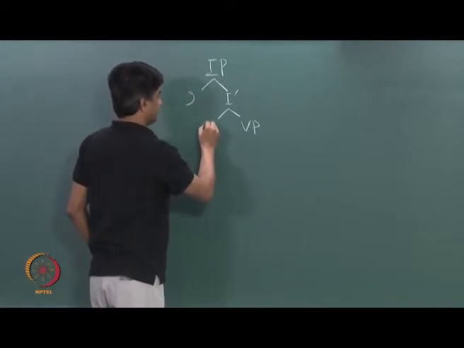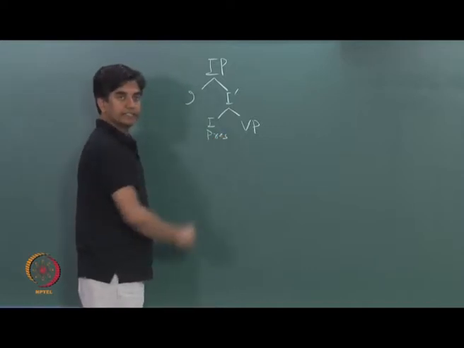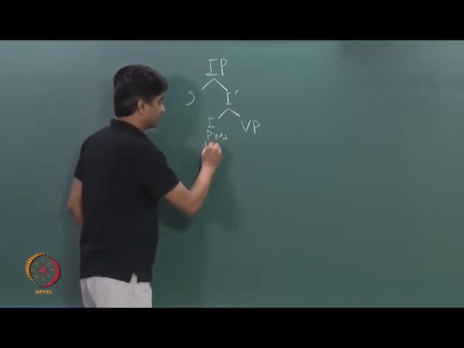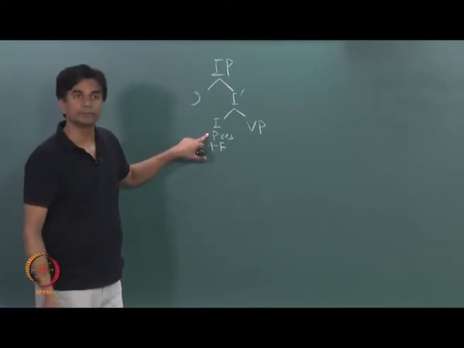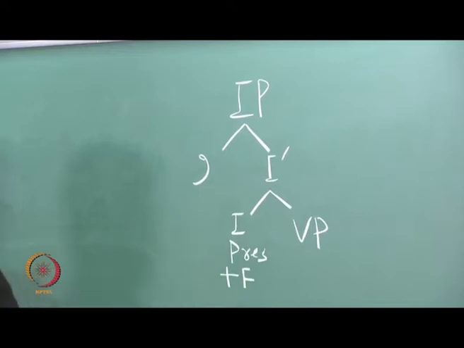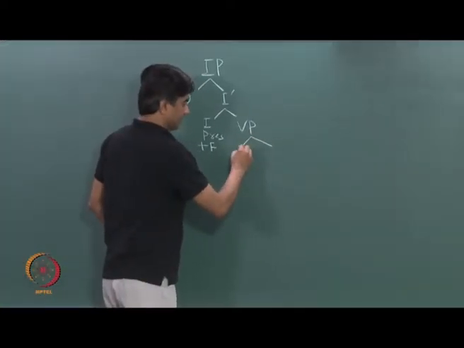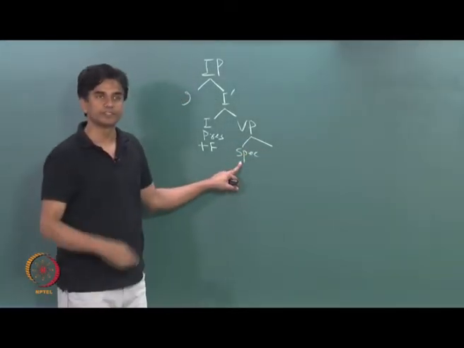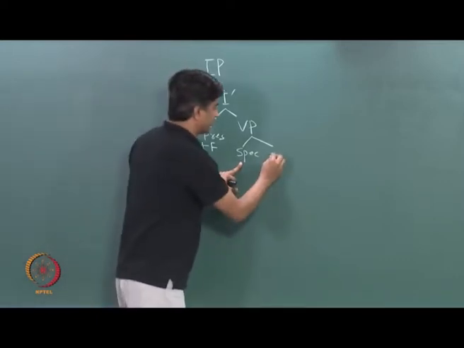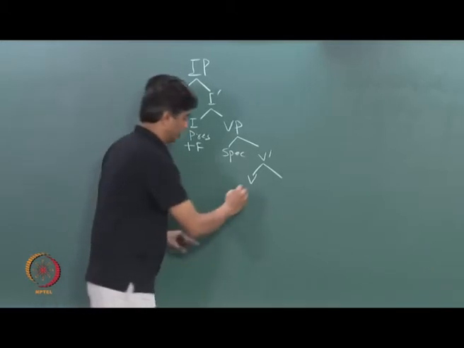Here is I, which is present tense, right? Present tense, which means plus finite. That is, the presence of the present tense makes the sentence a finite sentence, all right. So then we have a VP, and since we have been retaining the specifier position so far, let me retain it once again and see we have a V, which is want.